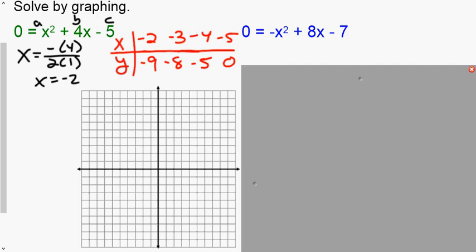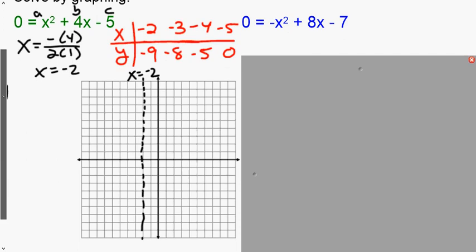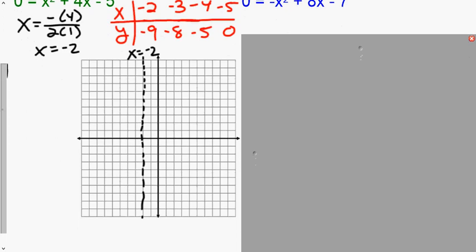Again, we will plot all of these. So starting with our AOS is x equals negative 2. So we'll go negative 2. And as some of you got hammered on the test or the quizzes before, you need to label it as x equals negative 2. We are then going to plot our xy table. So negative 2, negative 9.